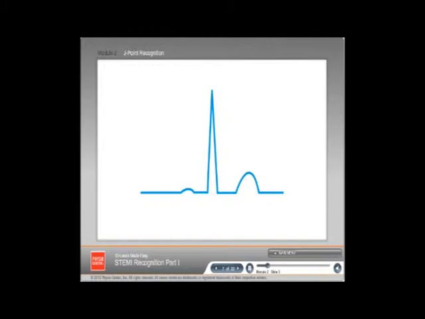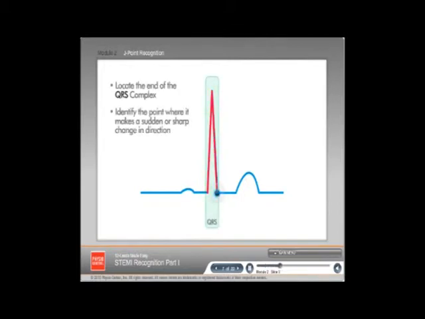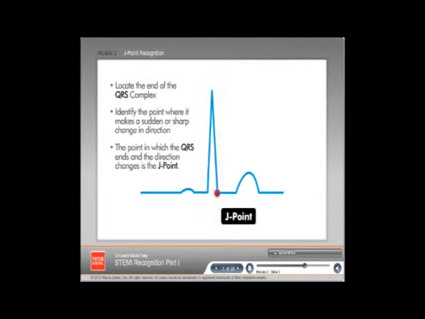To find the J point, locate the end of the QRS complex and identify the point where it makes a sudden or sharp change in direction. The point at which the QRS ends and the direction changes is the J point. Now it's your turn. Analyze the following complexes and click your mouse on the J point.